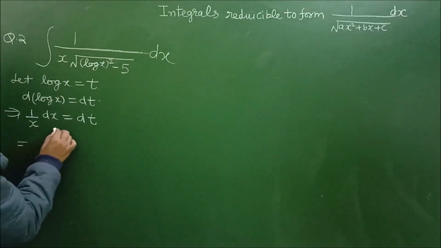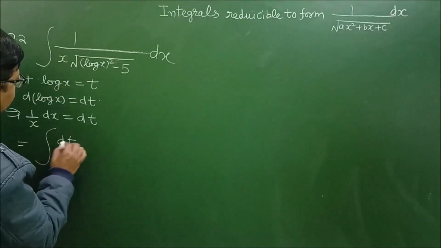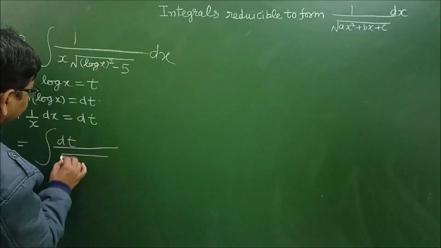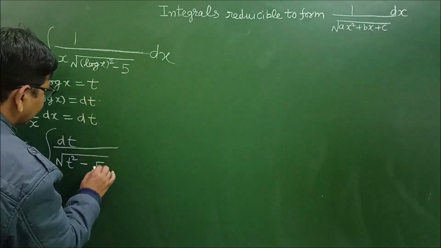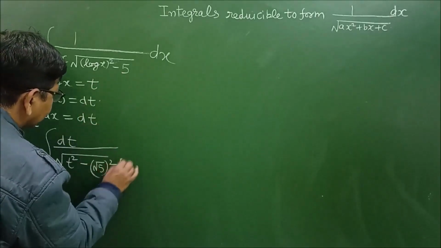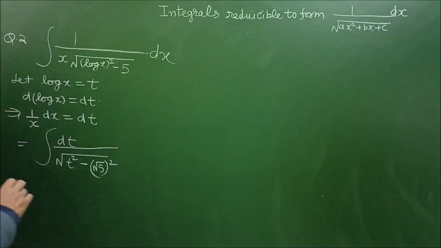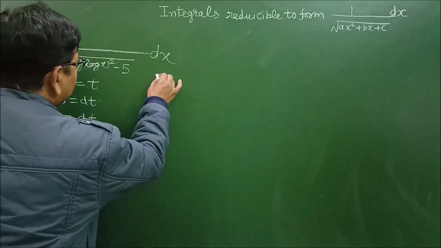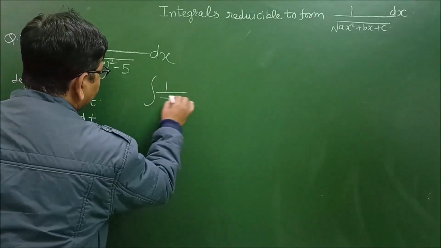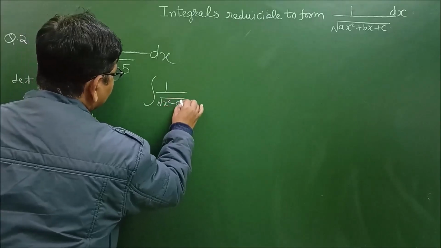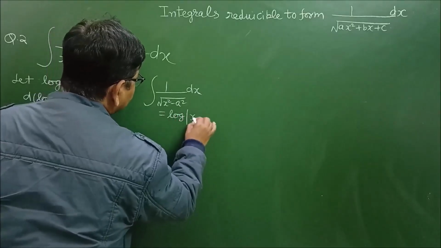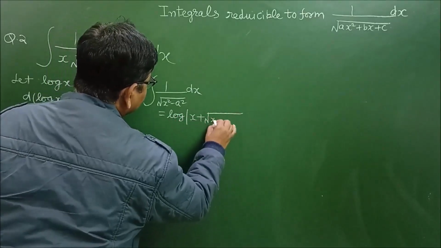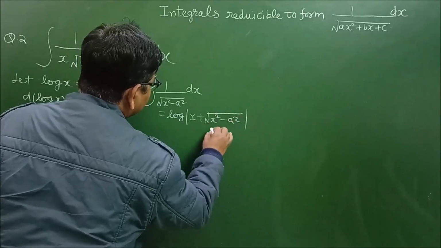Now 1 upon x dx in this integral can be replaced by dt. So this integral reduces to the form dt upon under root of t square minus 5, and this 5 can be written as (root 5) square. And now this integral is of the form 1 upon under root of x square minus a square dx, which is equal to log mod x plus under root of x square minus a square plus c.